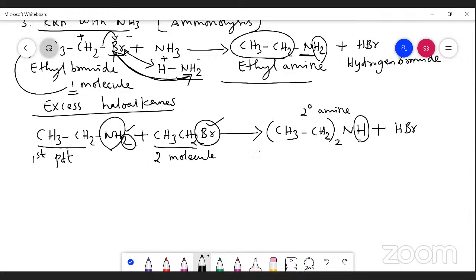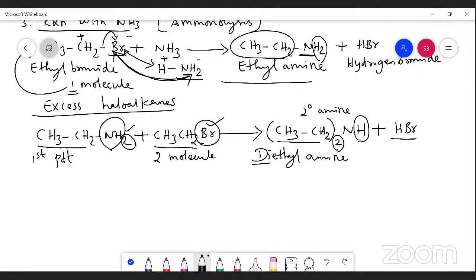So the name is diethyl. Why diethyl? CH3CH2 is what? Ethyl group. How many ethyl groups are present? 2 ethyl groups. So that's why the prefix di should be introduced. Diethylamine. What is the name? Diethylamine. And we know already this is hydrogen bromide as a side product.